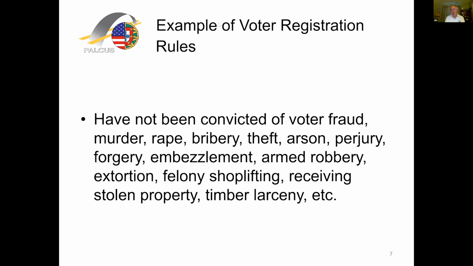So, getting into voter registration rules. Before I prepared this talk, I looked at some of the states and some of the voter registration rules, and one that really struck me is from Mississippi. You cannot register to vote if you've been convicted of voter fraud, murder, rape, bribery, et cetera, all these evil things. But the one that got to me is timber larceny. Who knew that if you were involved in timber larceny you couldn't register to vote?